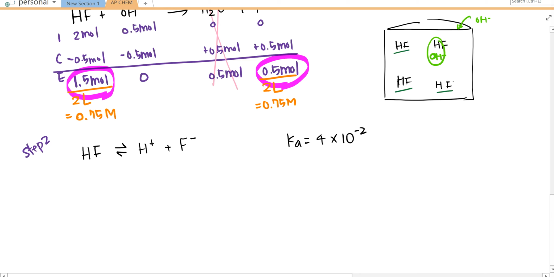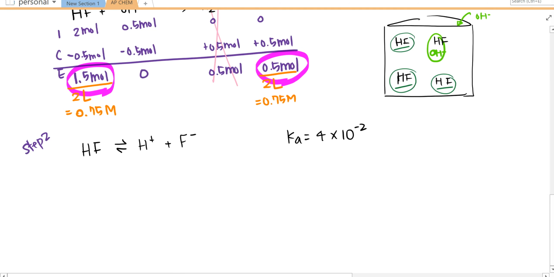Step 1 was up to here, and starting step 2, I need to figure out, based on the remaining HFs, how many of these are going to dissociate based on the Ka value. So I'm going to draw out my ice table one more time. Here's my ice table.